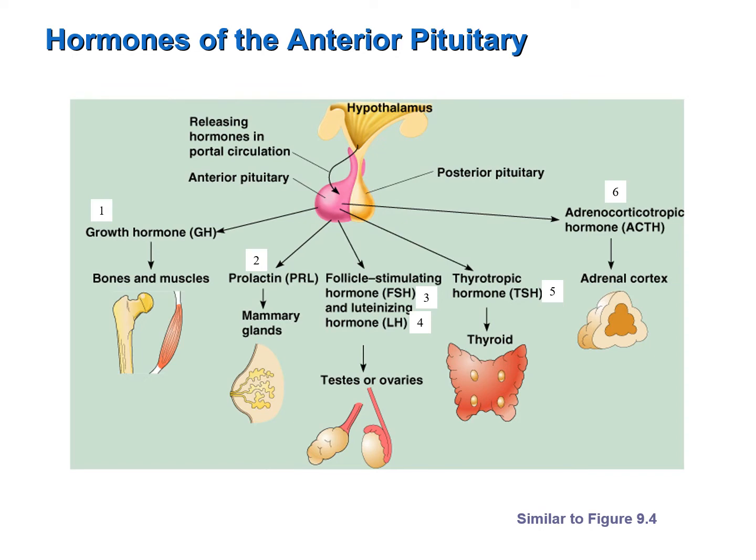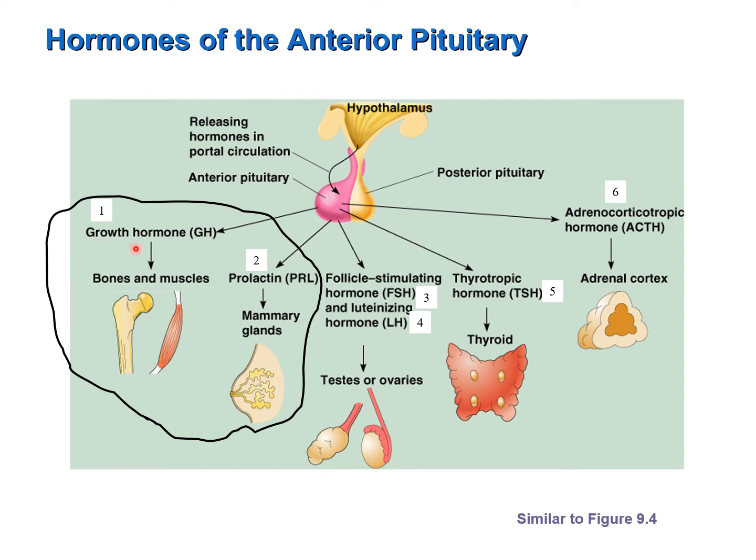This image is not in your book, but I think it does a fairly good job of giving you an overview of the 6 hormones that are released by the anterior pituitary gland. We have growth hormone, prolactin, follicle stimulating hormone, luteinizing hormone, thyrotropic hormone, also referred to as thyroid stimulating hormone, and adrenocorticotropic hormone.